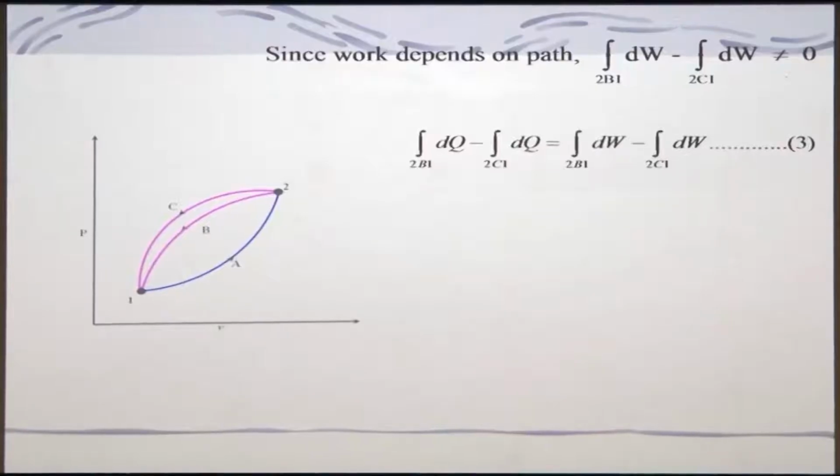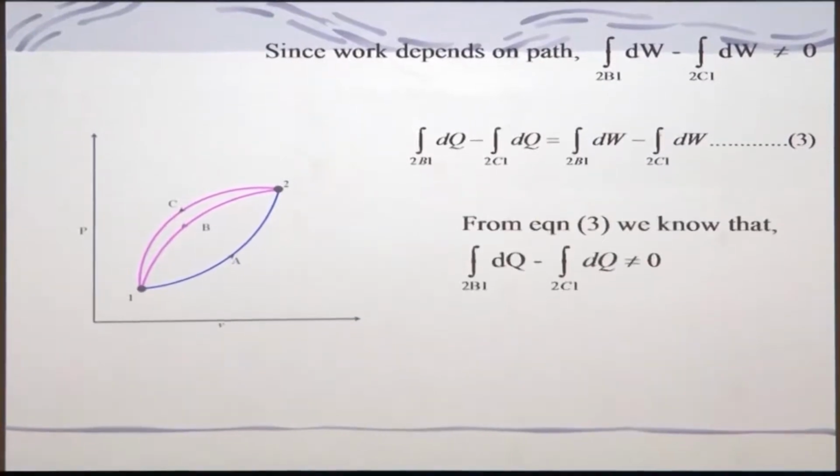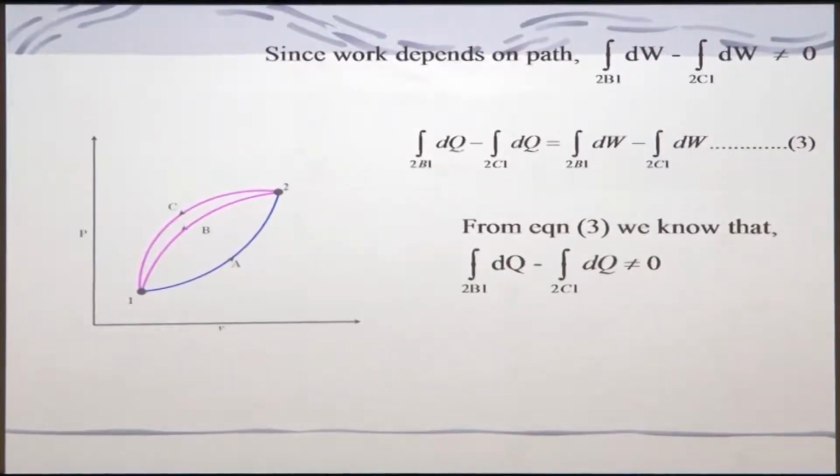Then from this we can say that, because the work difference is not equal to 0, the heat interaction for path 2B1 minus the heat interaction for path 2C1 is not equal to 0. That means, because both paths are between the same two states, 2 and 1, the heat interaction for path 2B1 is not equal to the heat interaction for path 2C1.